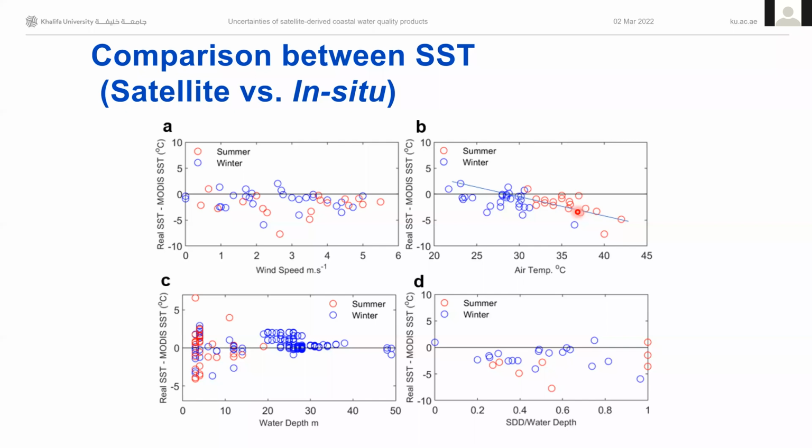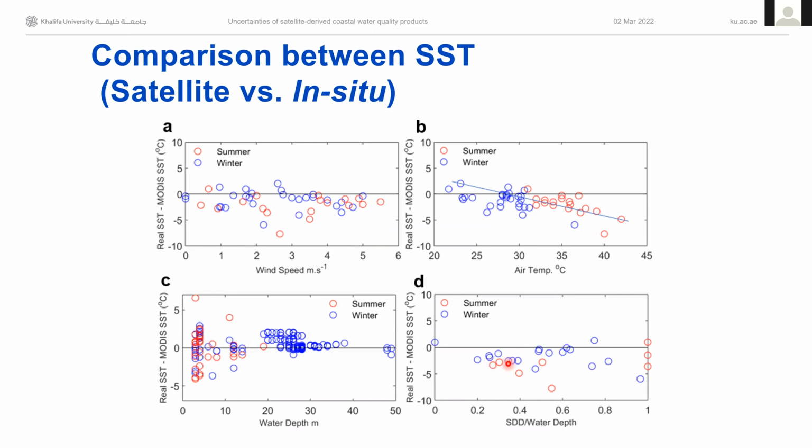So as the air temperature increases, we can see there is an increased bias in the estimated MODIS. If we compare the bias with the water depth, which means the bathymetry, we could see that at the highest bathymetry, the bias doesn't exceed, for example, 2, but at the lower bathymetry, lower than 10, there is a potential of higher bias, which could say that the low bathymetry can affect the estimates of the satellite and cause a significant bias.